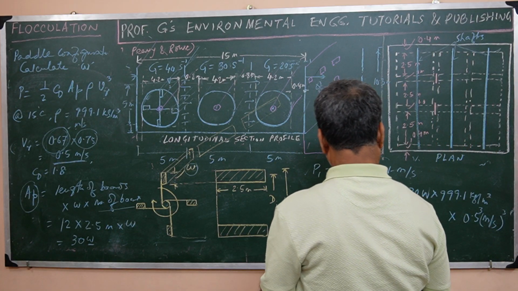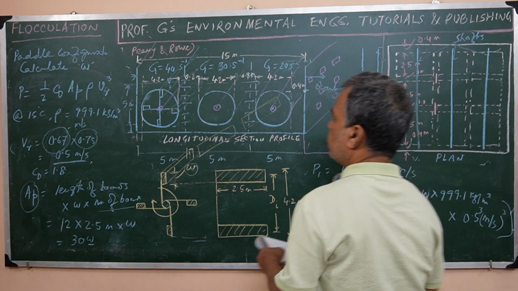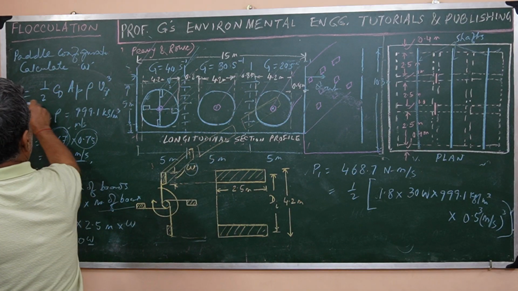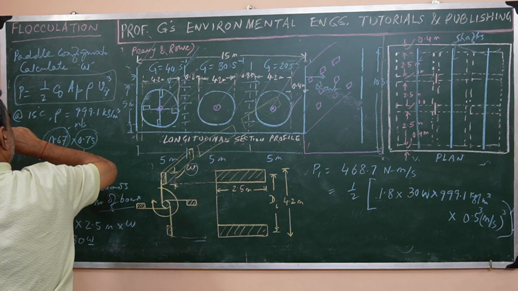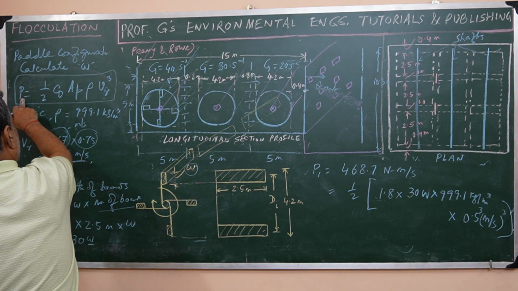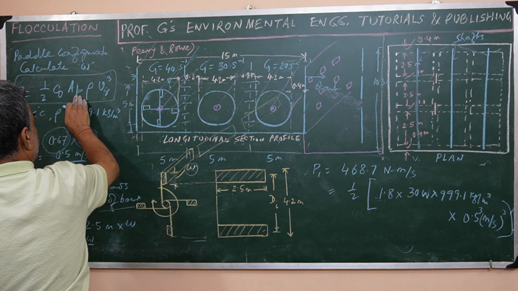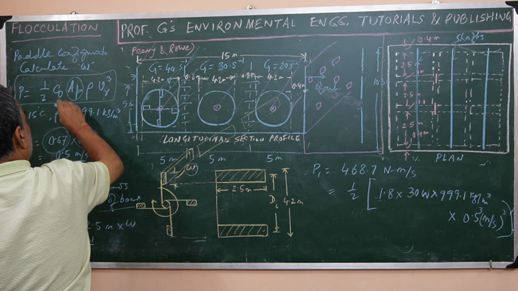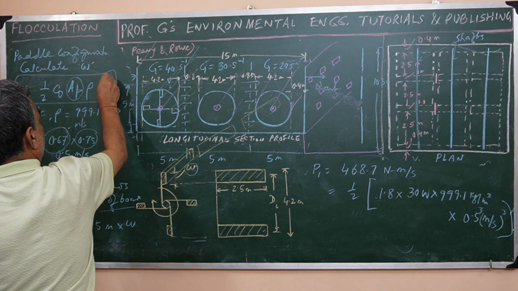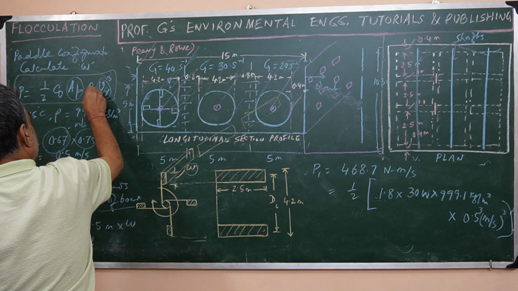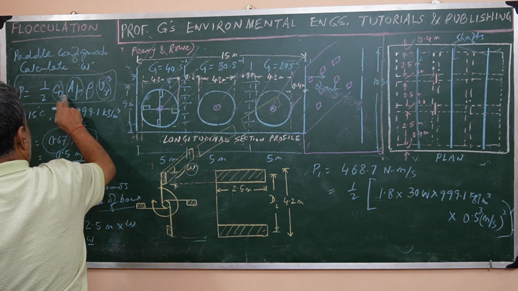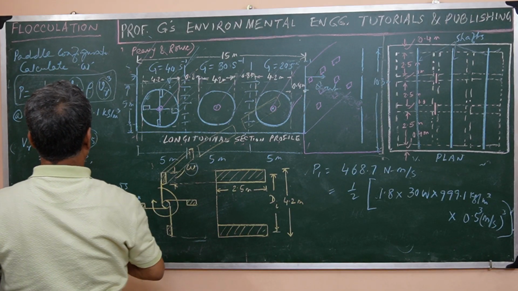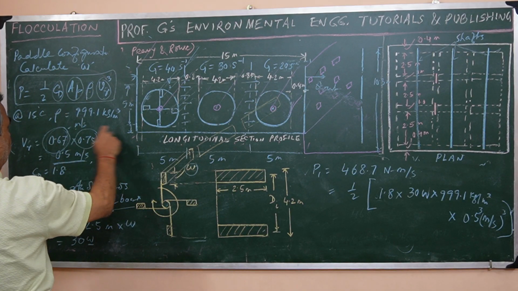Okay. That means we have applied this equation. This is another equation I have already discussed earlier, that the power which will be transmitted depends on the paddle area, then relative velocity and density of water, and the configuration of the paddle, that is CD for a flat blade, Newton's drag coefficient, taken as this. So we can calculate.